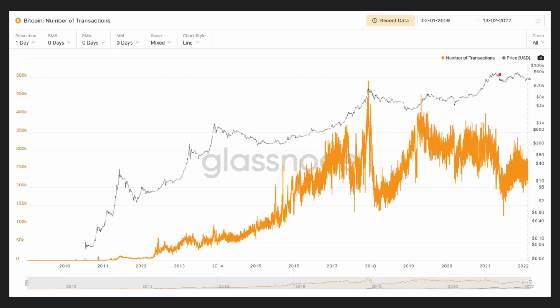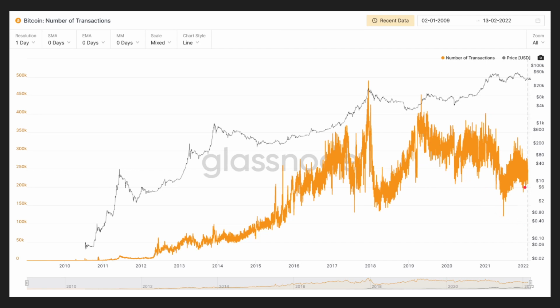Looking towards the more recent cycles, right? So 2020, 2021, these market tops. What's interesting here is that price has gone up, but the general direction of Bitcoin transaction counts has gone down. We're reaching lower extreme peaks in terms of transaction count, and lower lows as well.